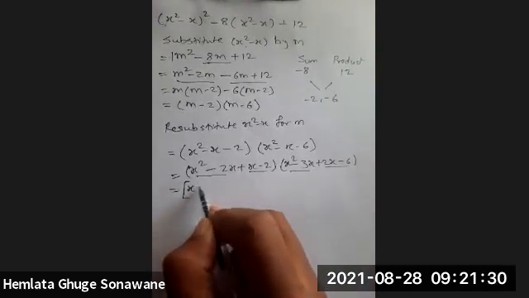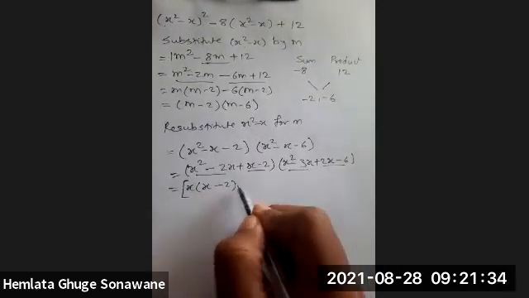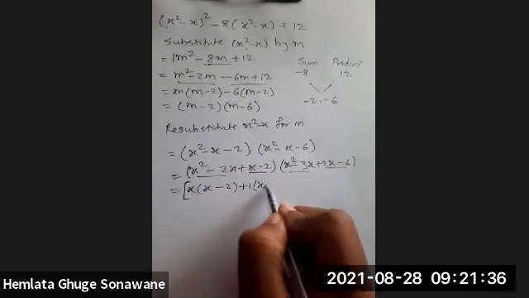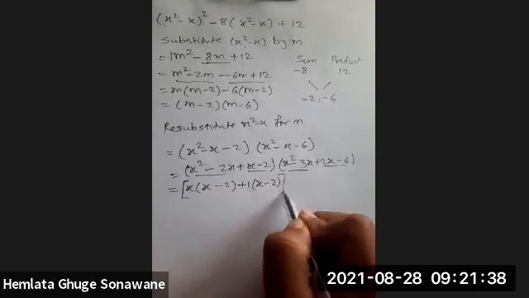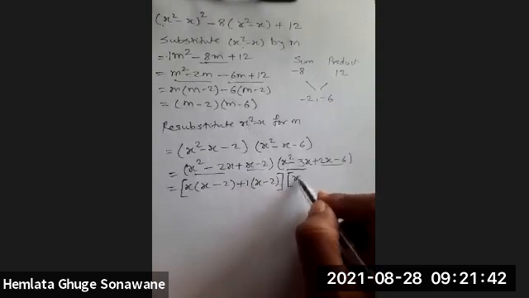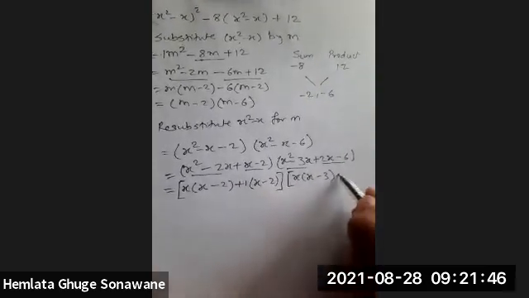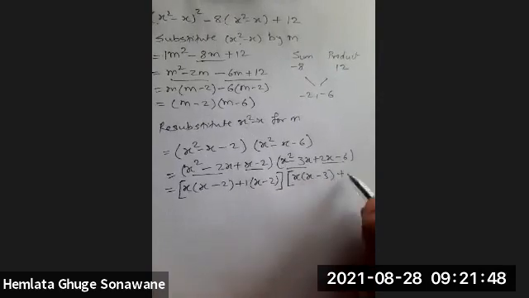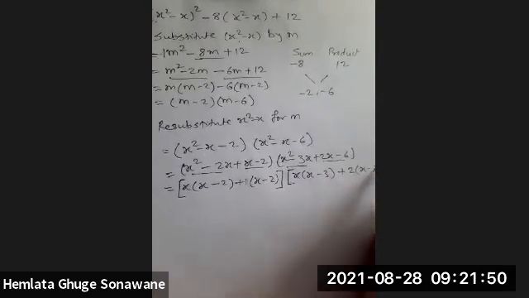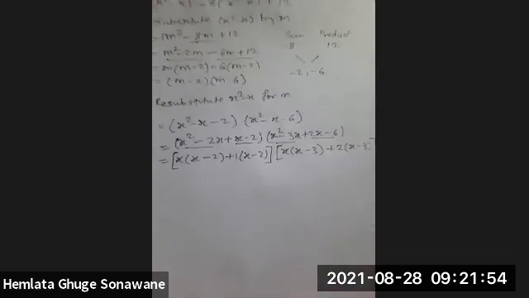Here we'll take x common, then x minus 2. Here we'll take plus 1, so x minus 2. Here we'll take x common, then x minus 3 remains, plus here we'll take 2, so that x minus 3 remains for this bracket.